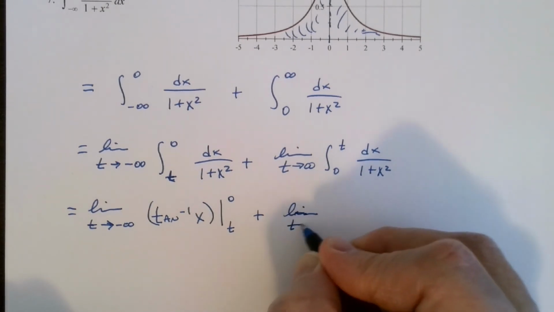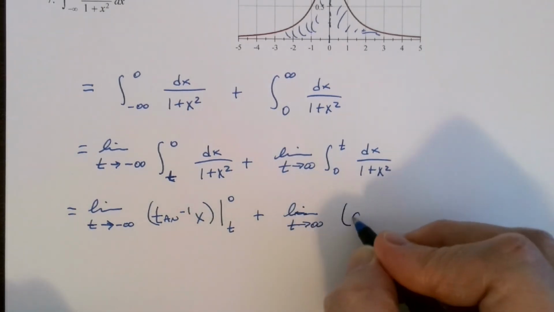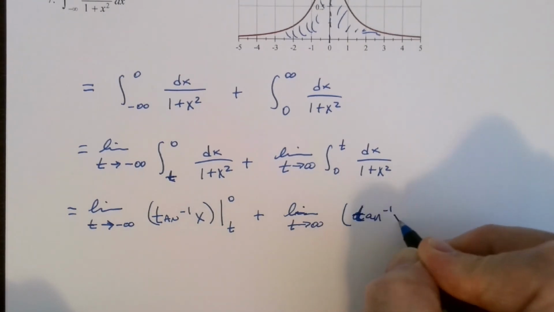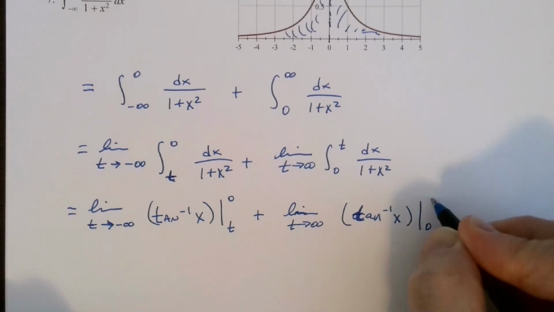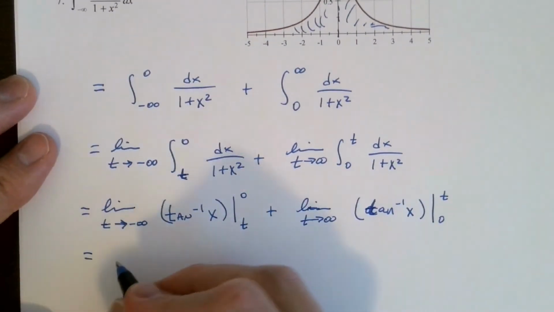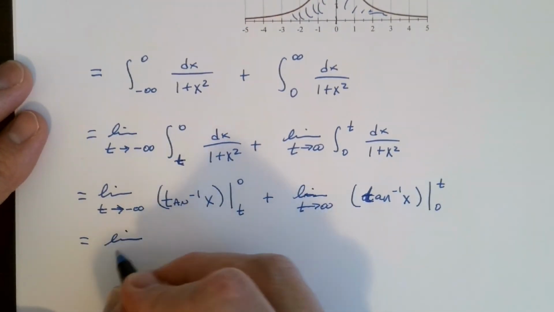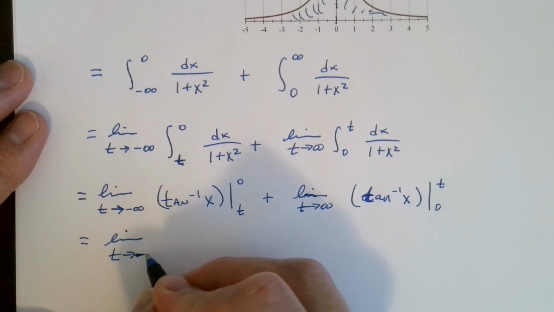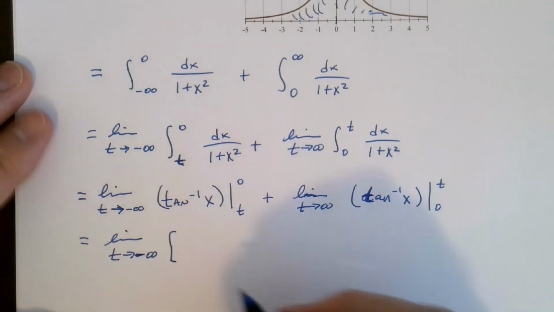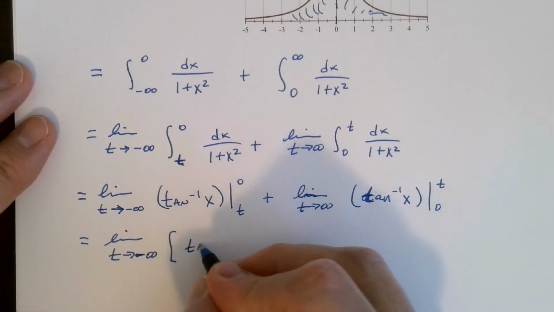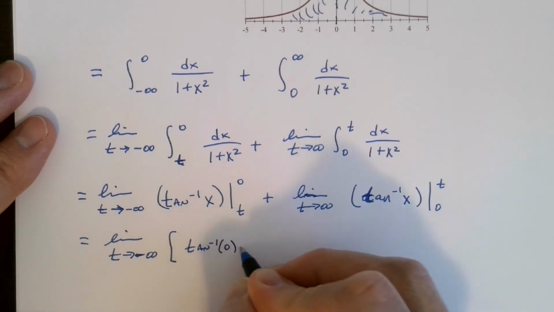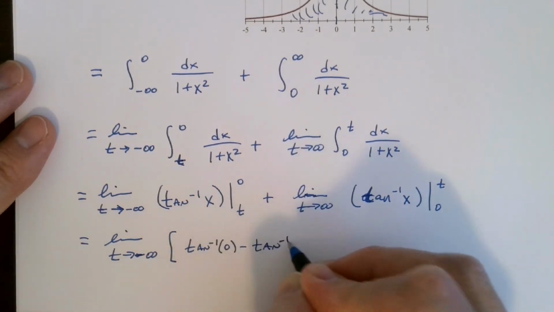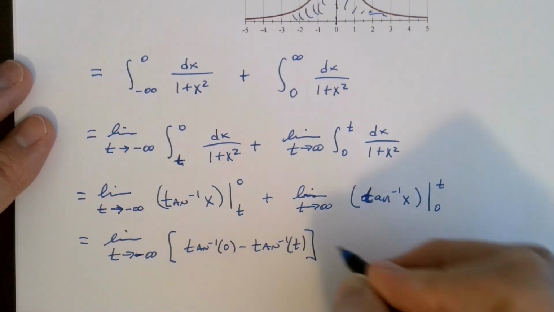Same thing here. And so I have the limit as t goes to minus infinity, and I've got tangent inverse of 0 minus tangent inverse of t.